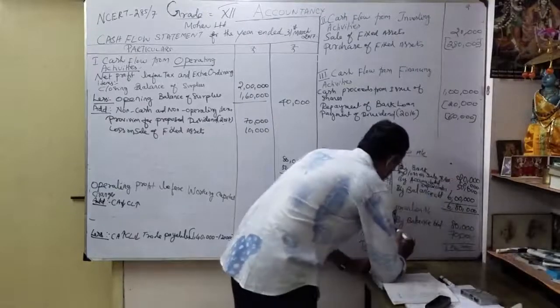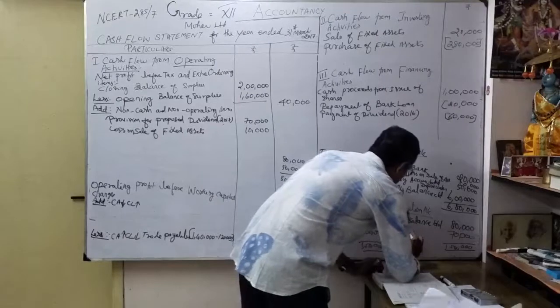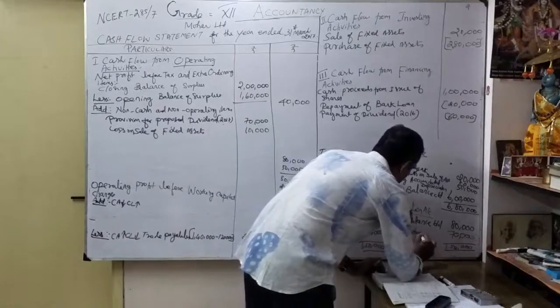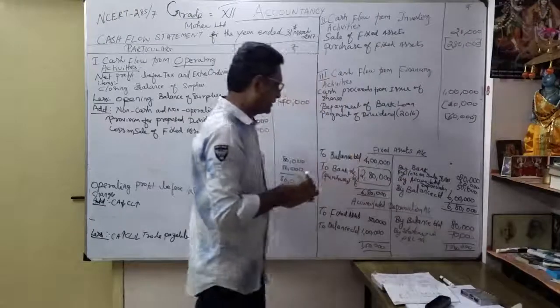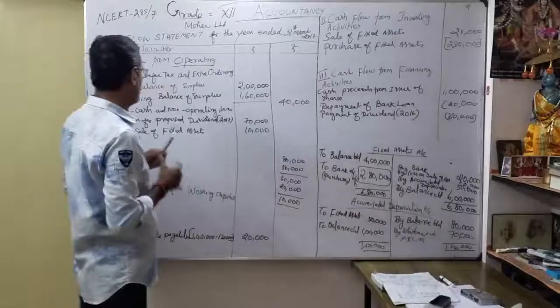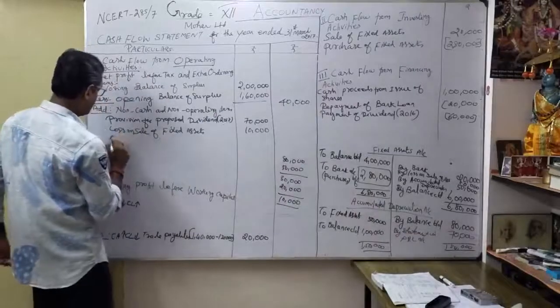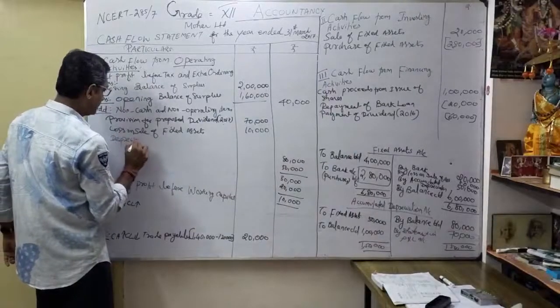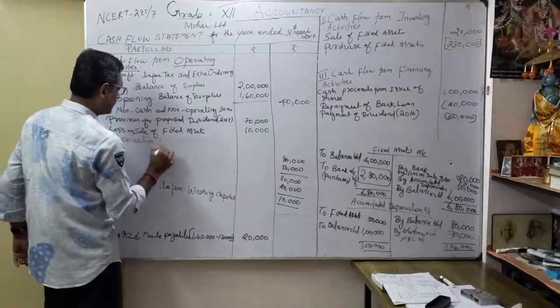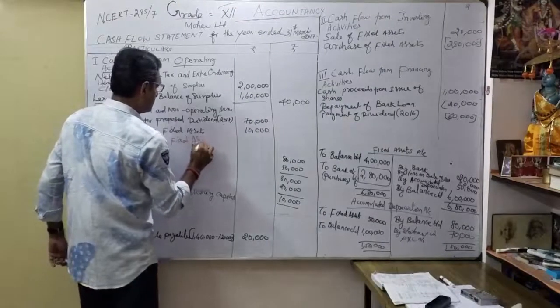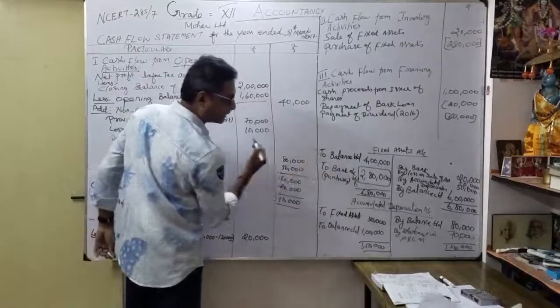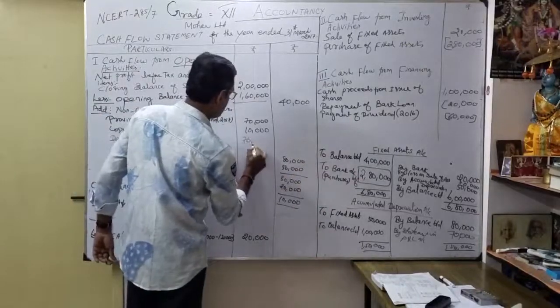That is called what? By statement of profit and loss account. Nothing but depreciation. Correct? So this depreciation I'm going to show where? That's the here depreciation. Correct? Depreciation for fixed assets. How much? That's 70,000. That is the balancing figure here.